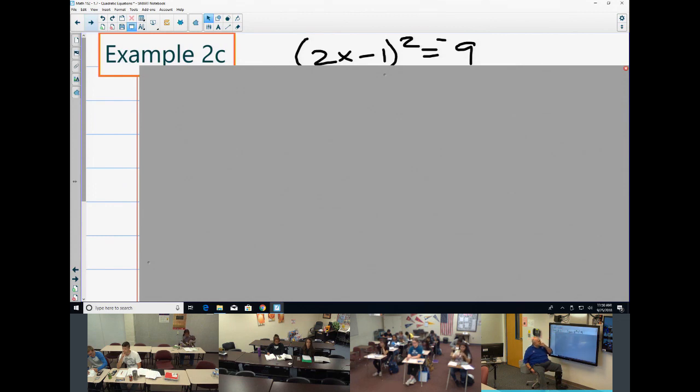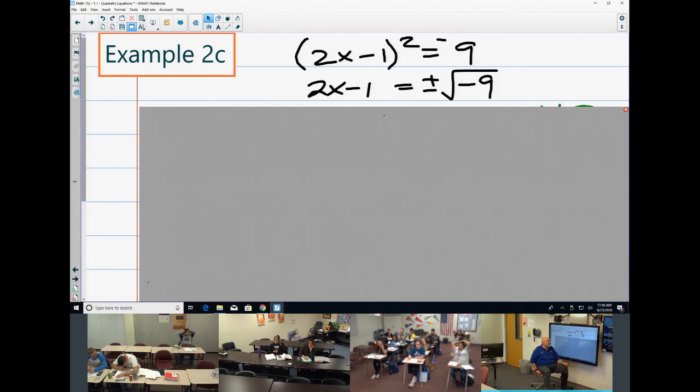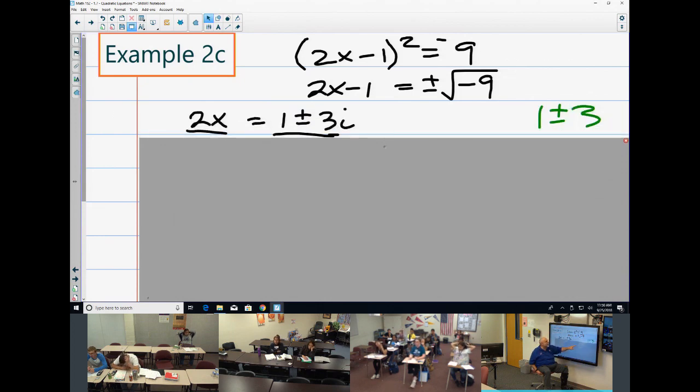All right, now, let's suppose that I take the square root here. Well, when I take the square root on the left, it undoes the squared. But on the right, I have plus or minus the square root of -9. And so remember, the square root of a negative, you've got to punch out the i. And so that's going to be 3i.